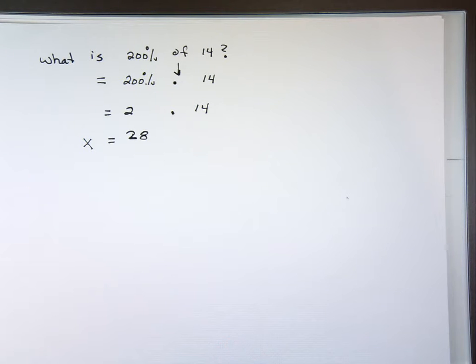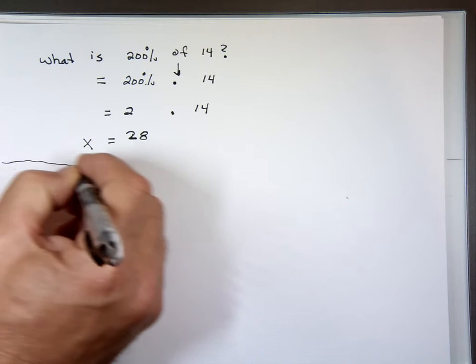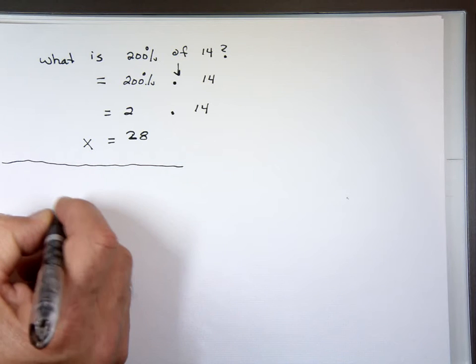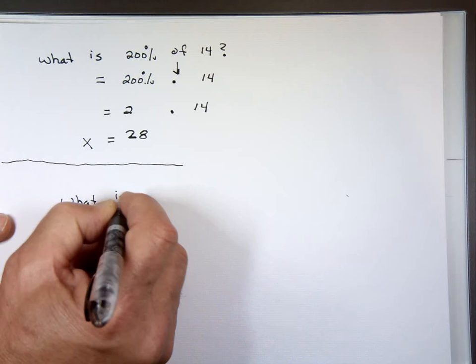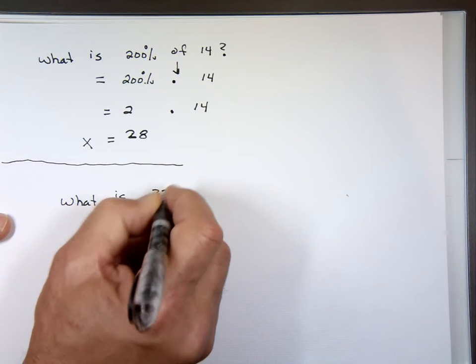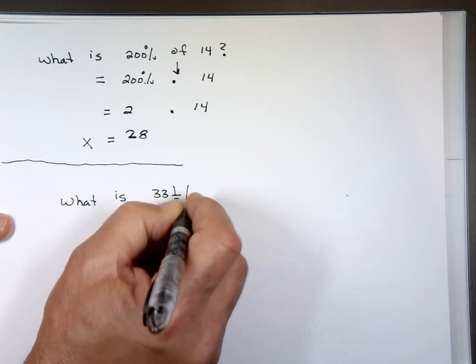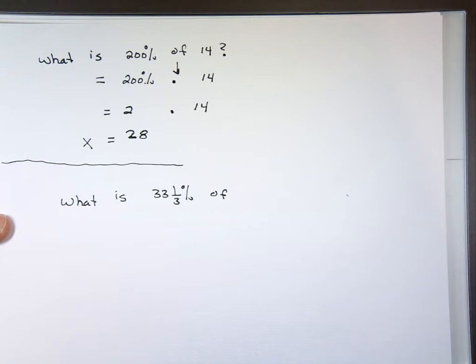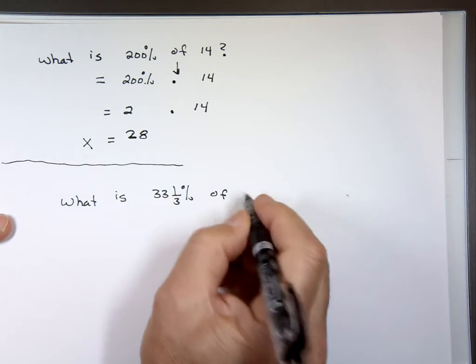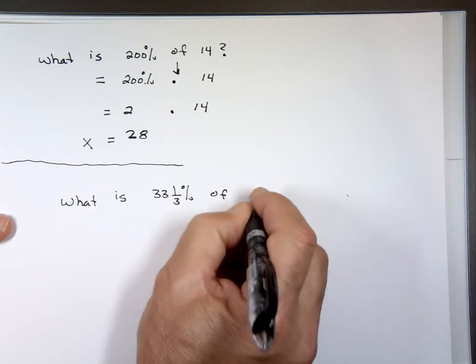Where it might get a little bit ugly, as I said, Christmas is coming. You'll see a lot of sales now. So you see a sign that says 33 1/3% off. So you're buying a nice jacket. The price on the jacket is $120.